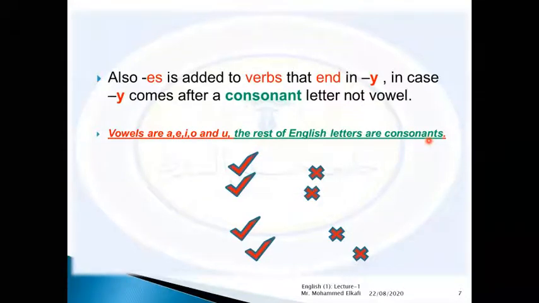C, D, F, okay, till the final letters like S, T, and V, and even some other letters, as we said, and the final one is Z. Okay, if we find one of the consonants before the letter Y, here we should use ES.